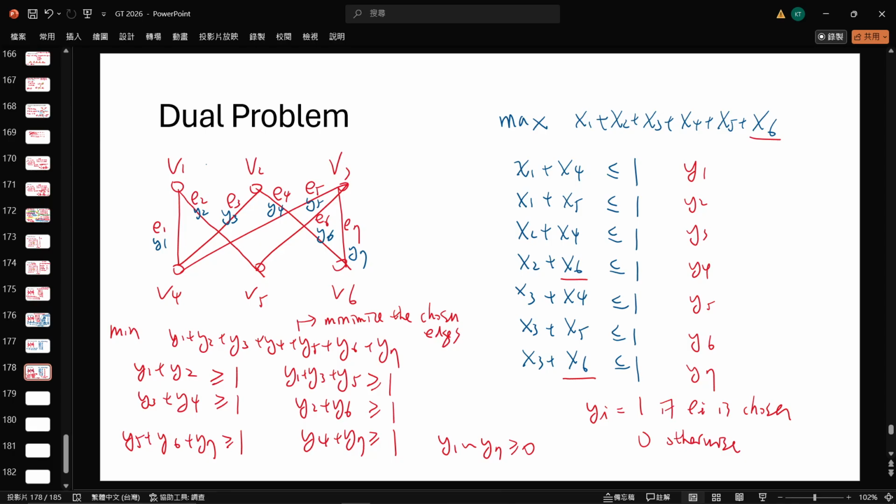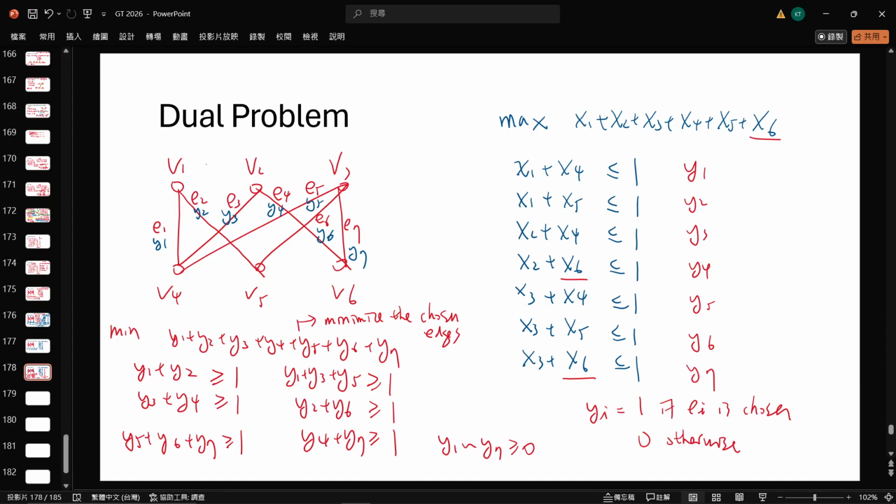For the constraints, we have a constraint for every vertex, because the constraints correspond to the vertices. It's quite easy to observe that the constraint says that for every vertex's incident edges, we have to pick at least one of them.